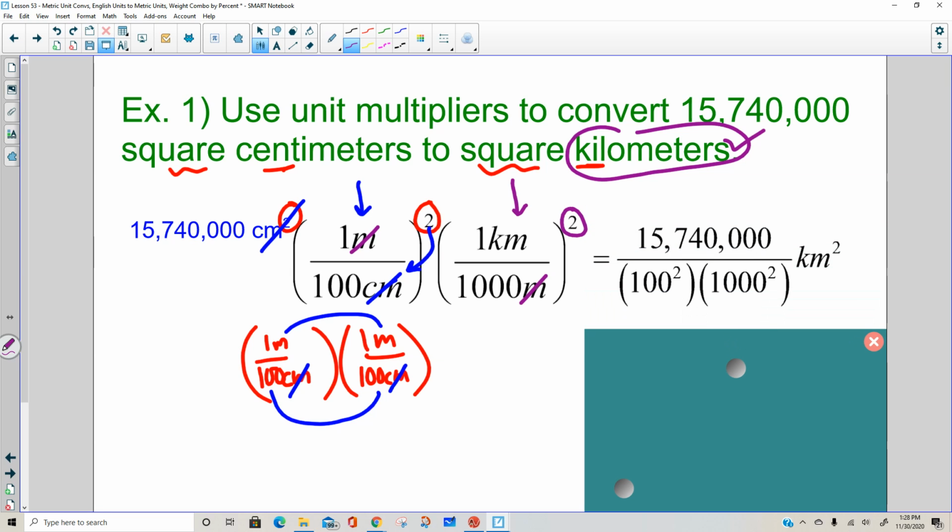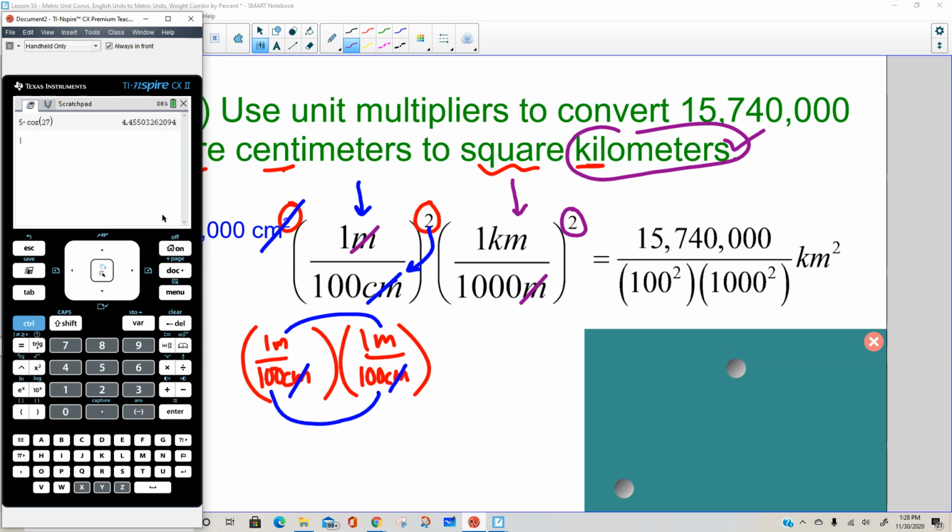So I'm ready to put all this in my calculator. So this is what I'll put in the calculator. In fact, this is what the back of the book is going to tell you. So we're going to go one step beyond. Now, I know you guys have done these problems before, but in Algebra 2, you're going to concentrate more on what your final answer looks like. When you pull that up in your calculator, let's take a look at the division template.